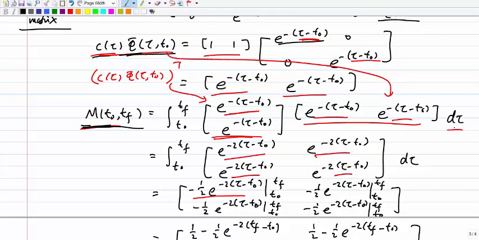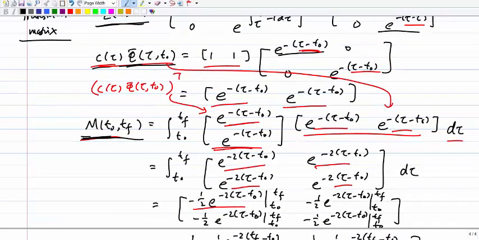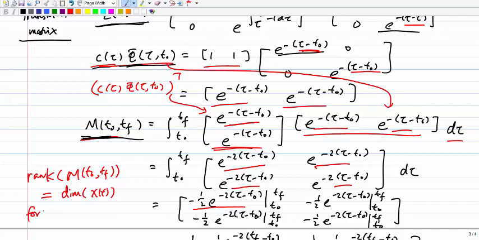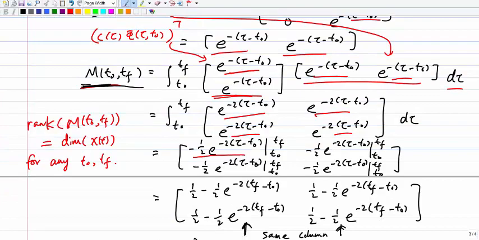Then you check if the rank of M(t0, tf) is equal to the dimension of x(t) for any t0 and tf. If that's the case, it's observable. If not, it's not observable.